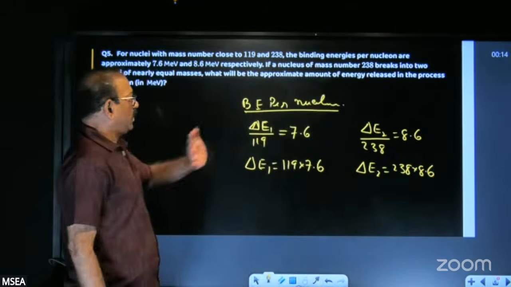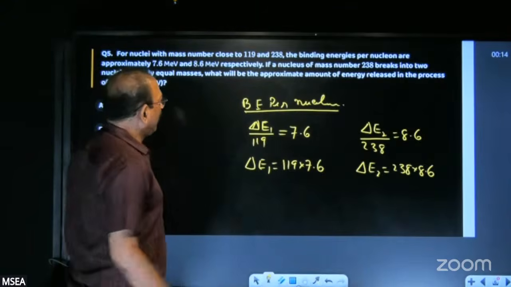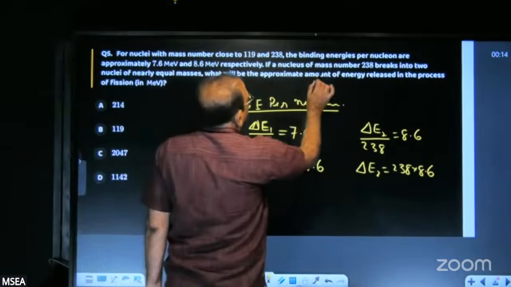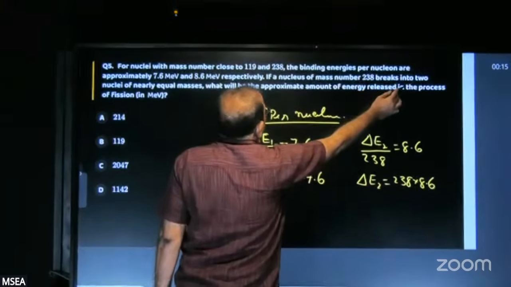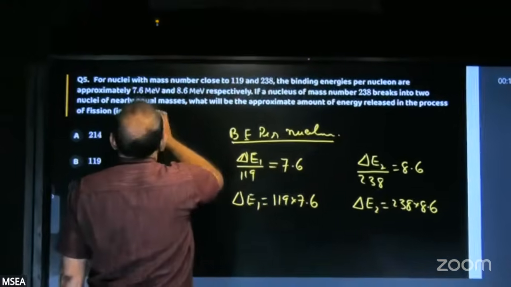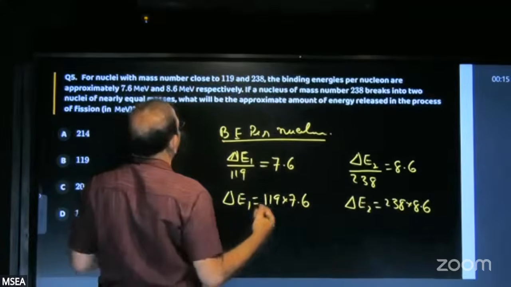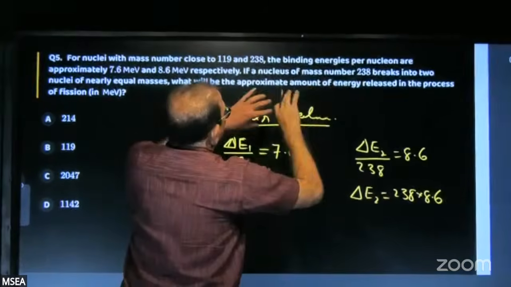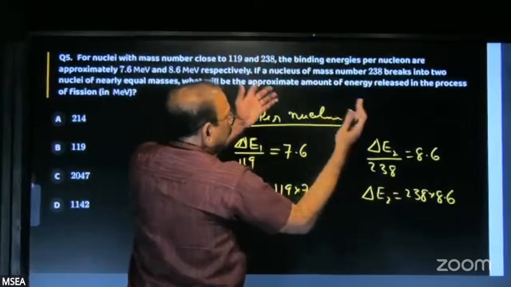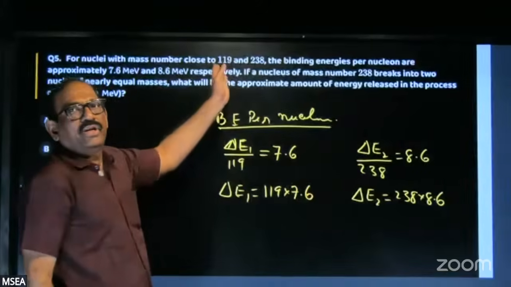I can find the total binding energies. Now see the question. If a nucleus of mass number 238 breaks into two nuclei of nearly equal masses, that means 119 only.